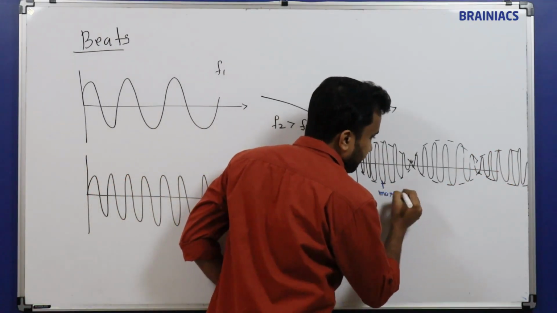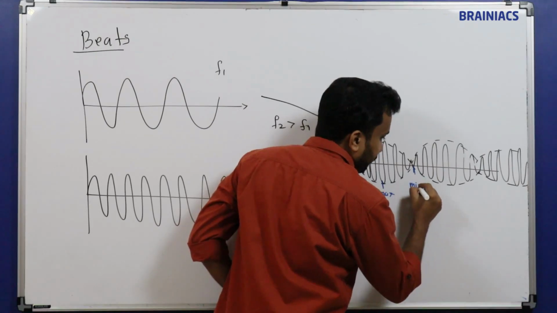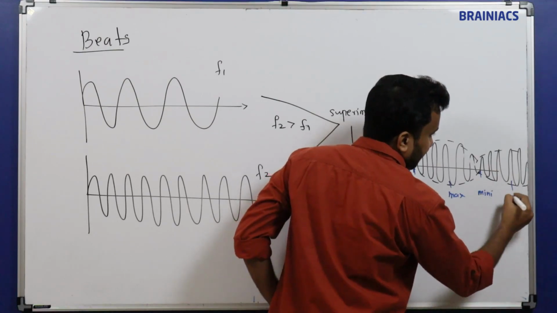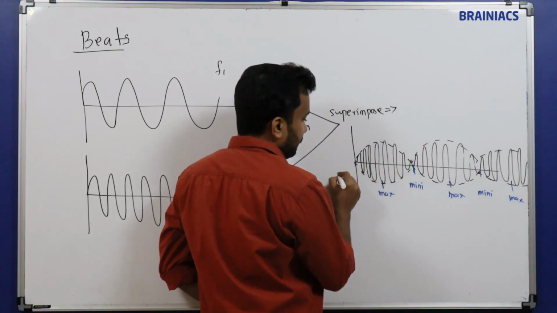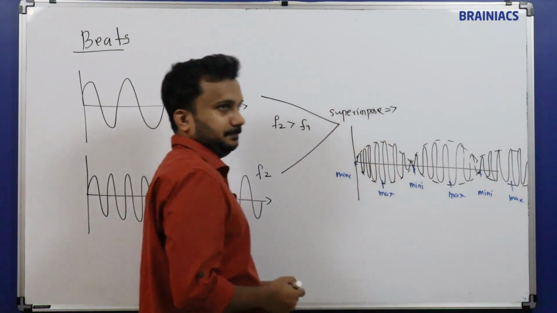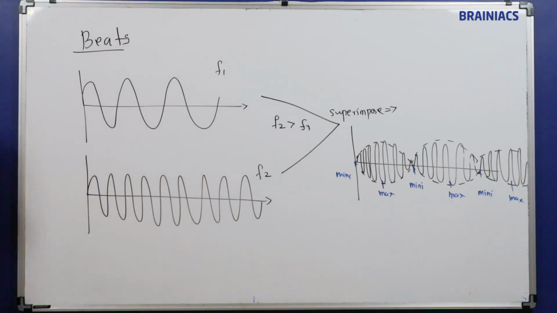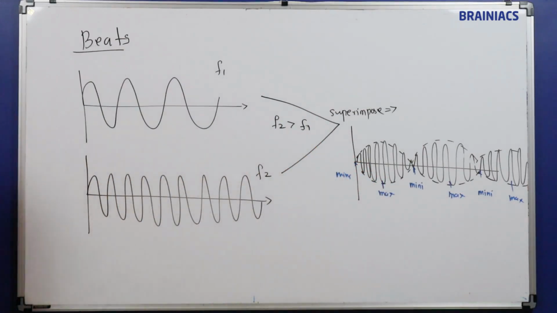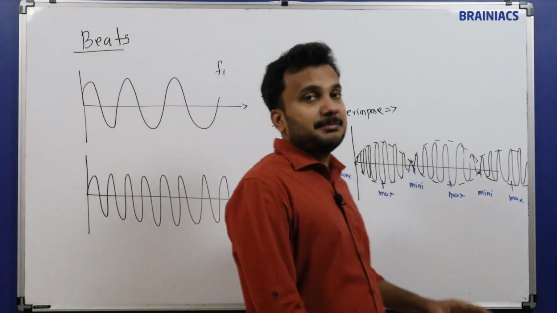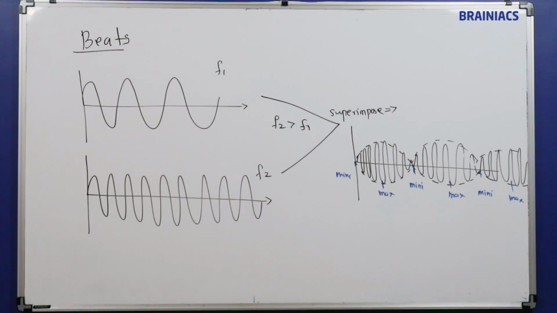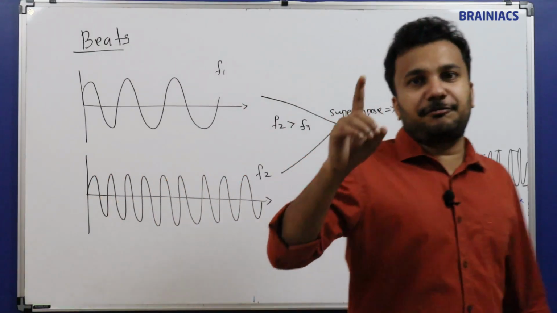They will have a maximum point, then a minimum point, again a maximum, again a minimum, again a maximum, here also one minimum. In communication systems we will learn about frequency modulation, which is not in the entrance syllabus. So that is called minima and maxima. This minima-maxima pattern is called a beat. Now you understand the meaning of beat.